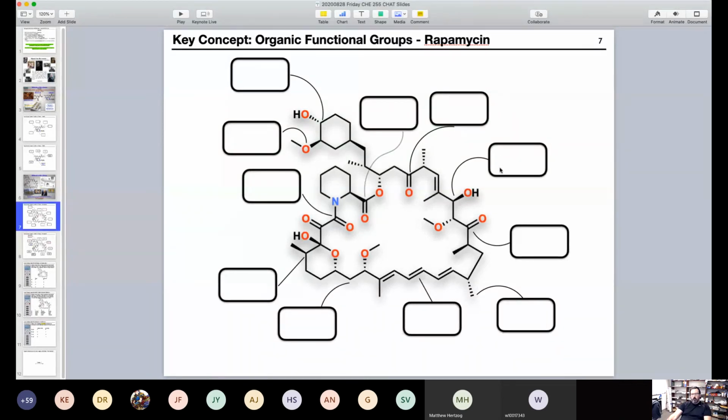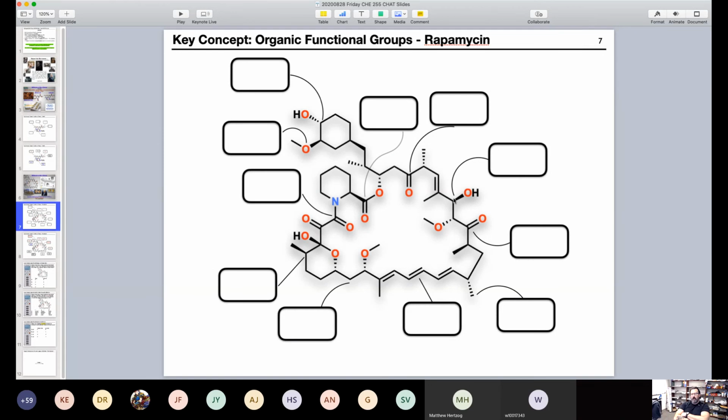So if we're here, what about this carbon here? What is this functional group called again? So yeah, it's an alcohol. The hydroxyl group is the OH.